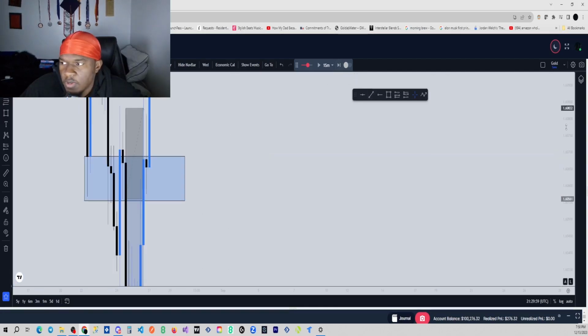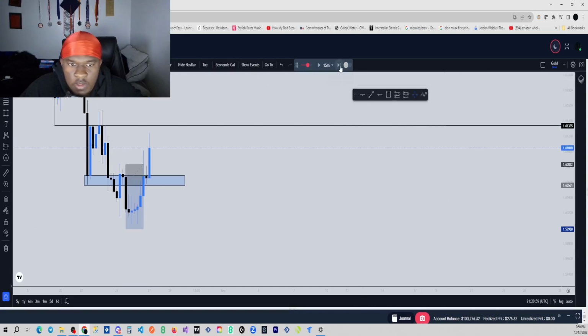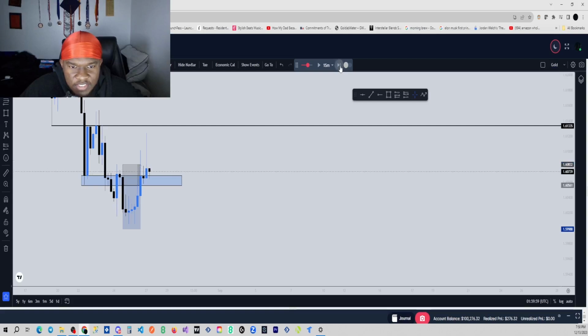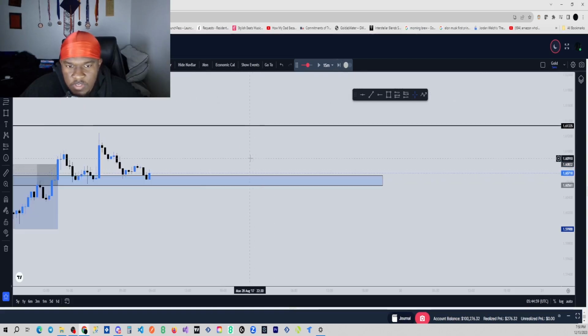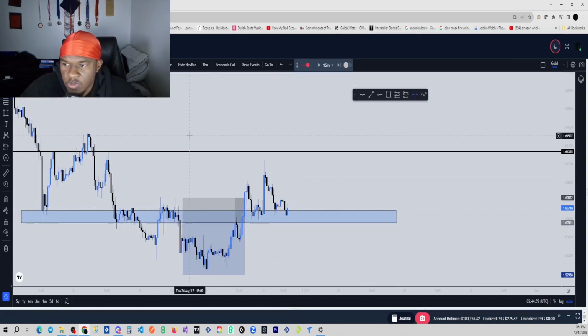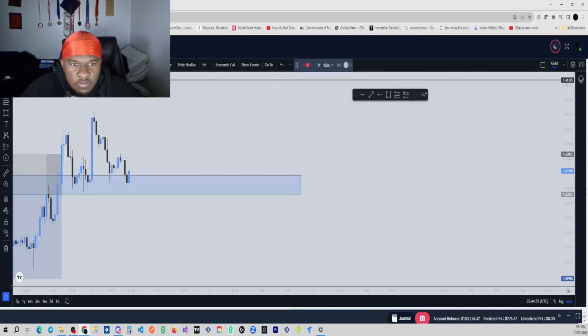All right, let's see the 4 hour, see if we get a strong close above. I don't like that close. Nope. Still looking for sells.